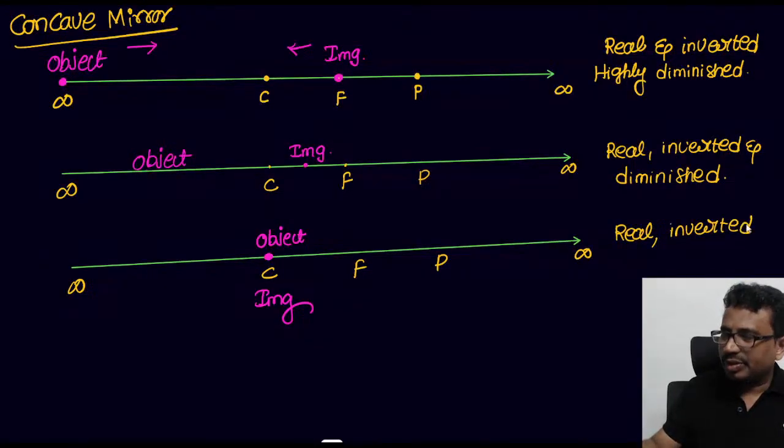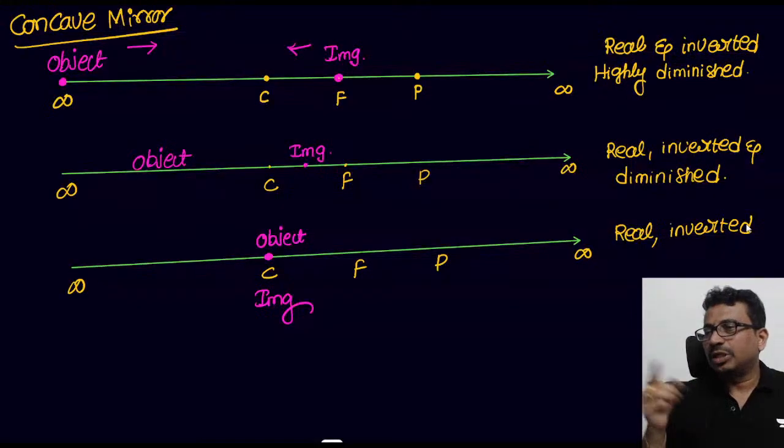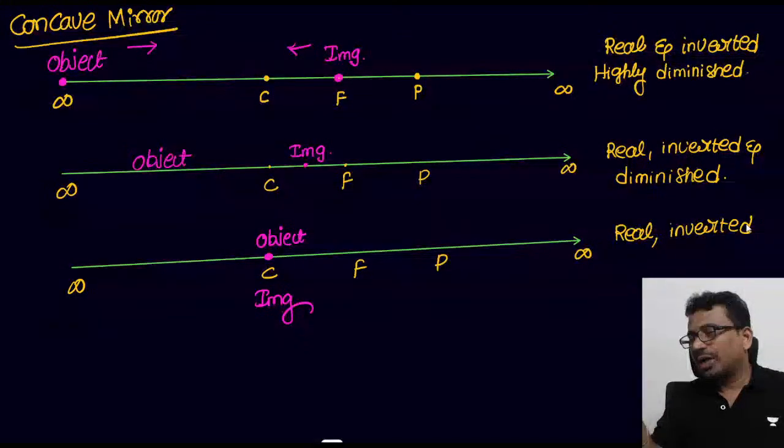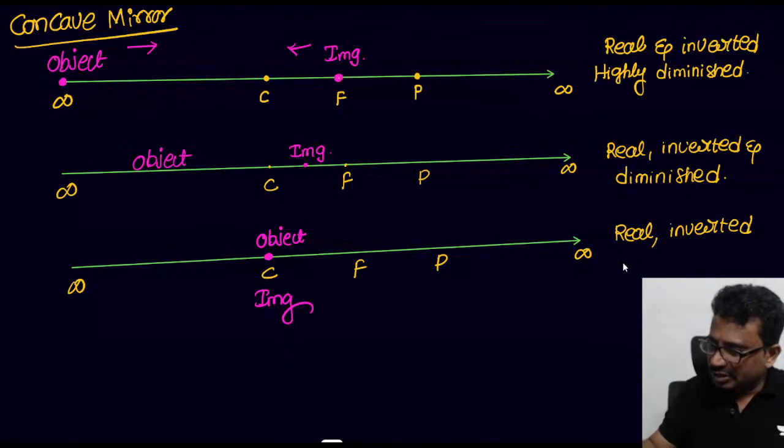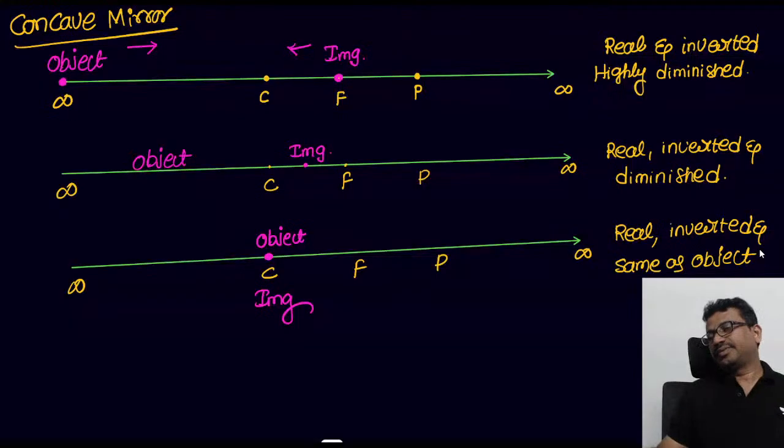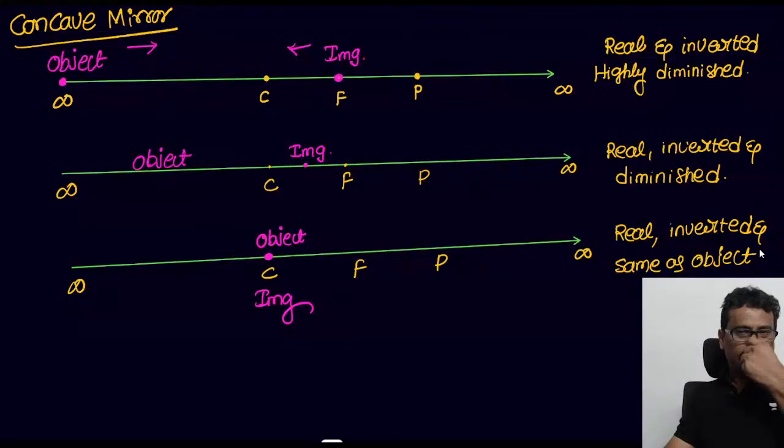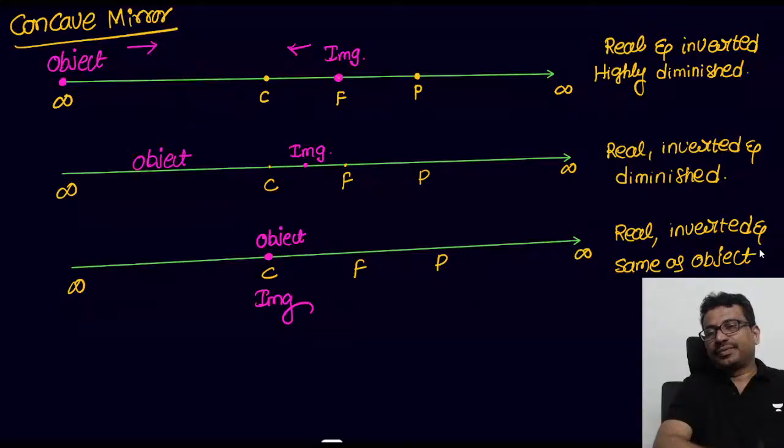In this location, object and image both are overlapping. Both overlapping means the size of the object and the size of the image are the same. So what can we say here? Yes, the same as the object. Okay. Understood all of you this thing? Logically try to remember.